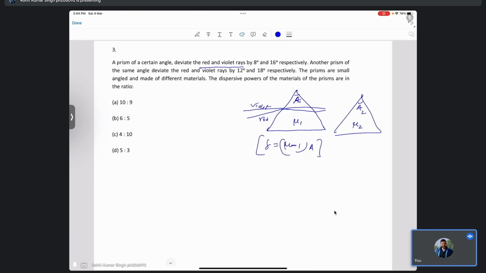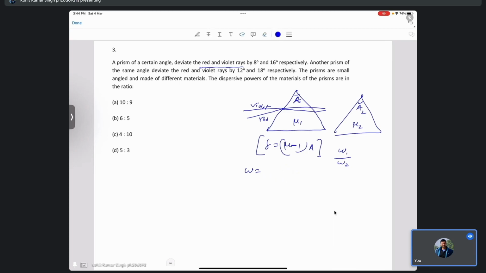So we have to calculate the dispersive power ratio W1 by W2. Now, what is the formula for dispersive power? So it is mu for red minus mu for violet divided by mu mean. Oh no, sorry, not in terms of refractive index.